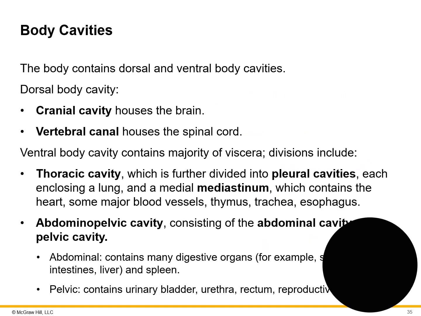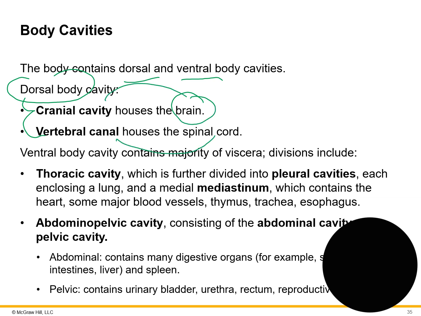Then body cavities. There are two main body cavities, dorsal and ventral. In the dorsal body cavity, there are two, cranial and vertebral. The brain is located in the cranial cavity.